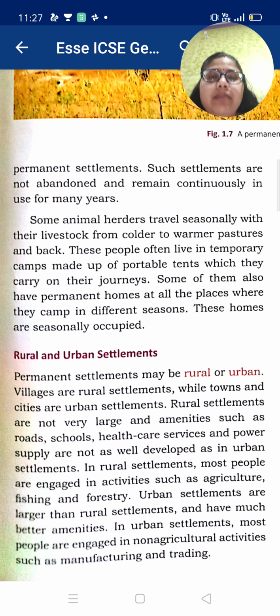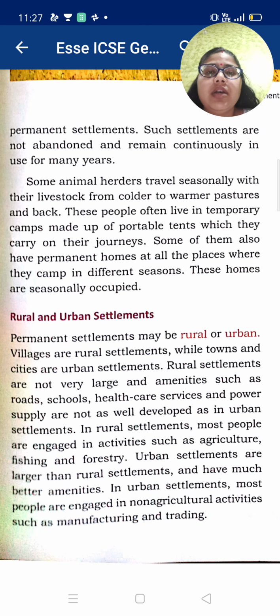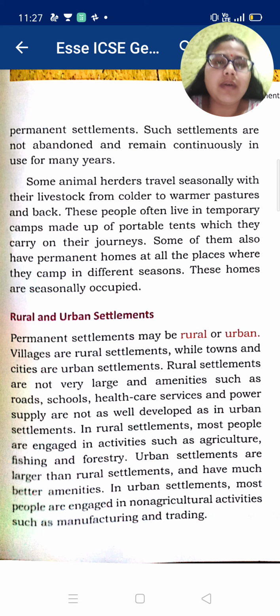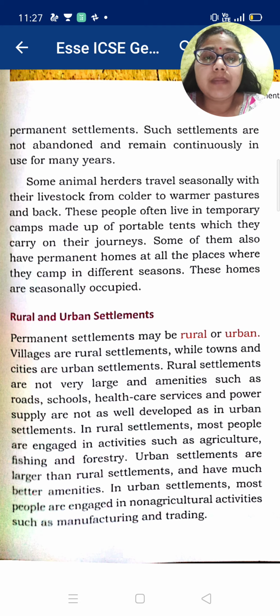Now, some herders travel seasonally with their livestock from colder to warmer pastures and back. So some herders, those who are herding sheep or goats, travel seasonally.